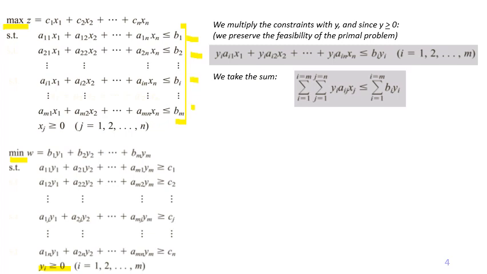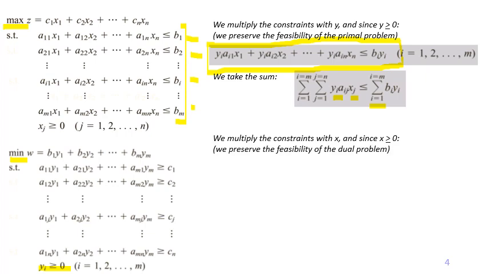Here we have the summation from 1 to m, and here we have j that goes from 1 to n because we have n variables. But for i, it goes from 1 to m because we have y1 up to ym, and also because we have m constraints.